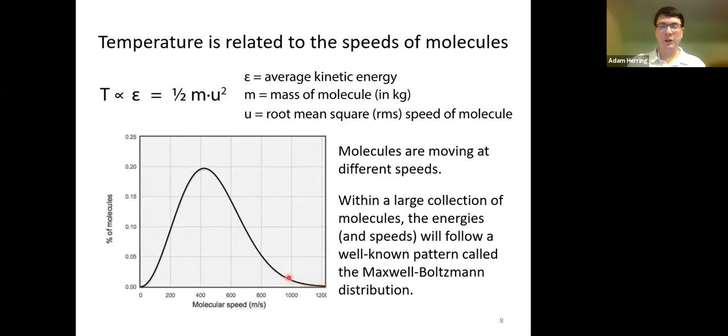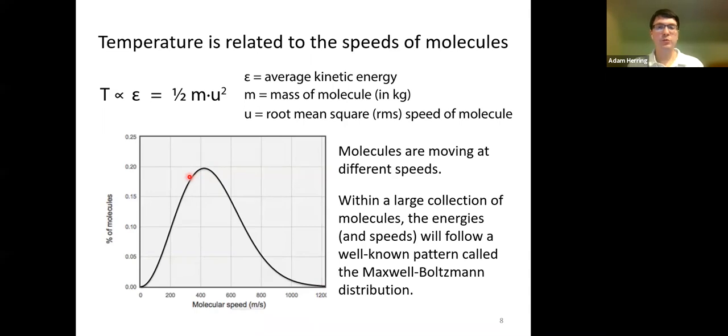Because we can have ever increasing speeds, theoretically up until the speed of light, the distribution is not perfectly symmetrical. It's slightly weighted towards the higher speeds. And so our average speed is actually slightly higher than the most probable speed.